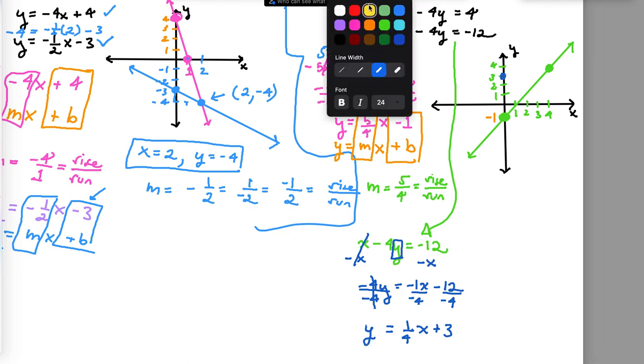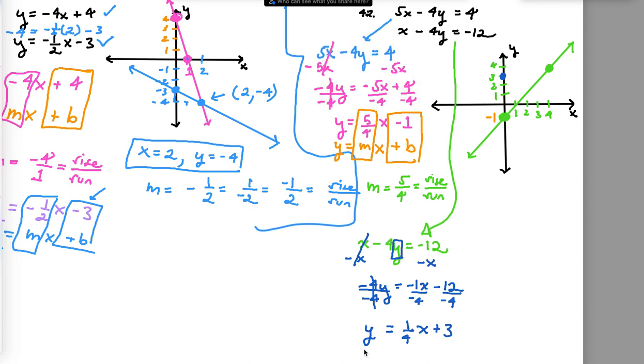I have it in the form y equals mx plus b now, and we should see that b is 3. b is my y-intercept, so I start at that point up there at 3. Then I use my slope, which is 1/4. Slope is rise over run, so I have a rise of 1 and a run of 4.